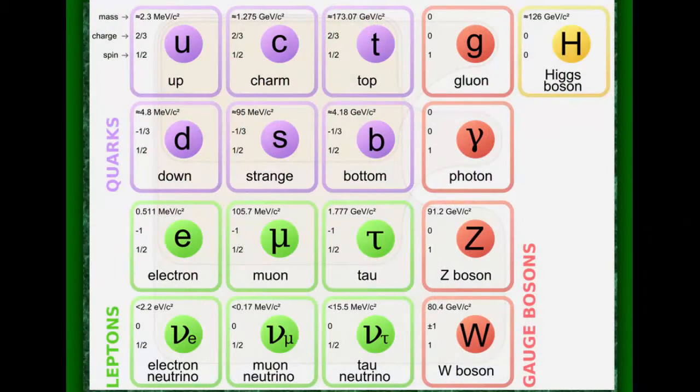Now, I just threw this particular slide in. I'm not going to ask you any questions about this later on, but I did want you to see all of the particles that were predicted and have been discovered from the work that's been done over the last decades. You can see here the quarks. There are 6 types of quarks.